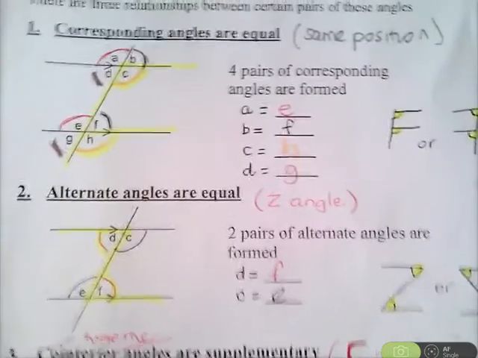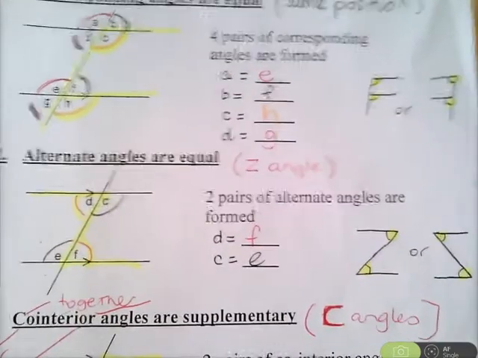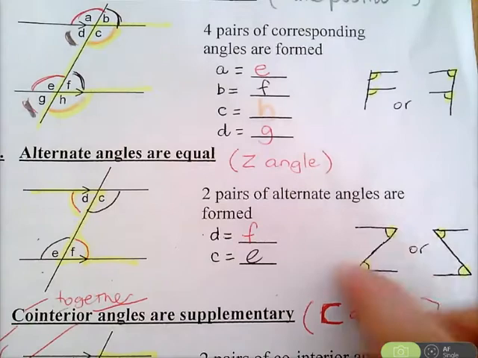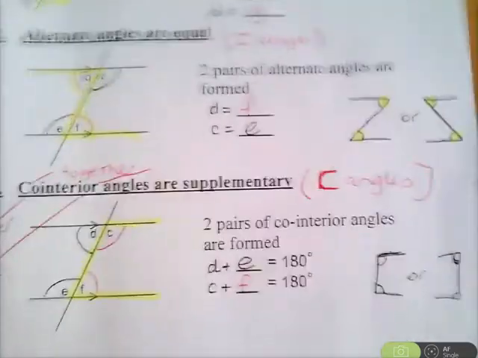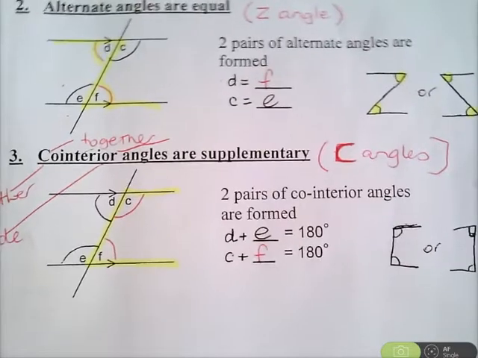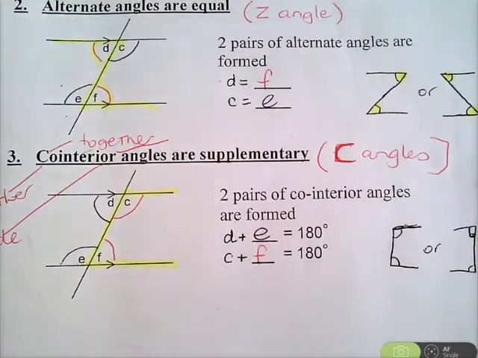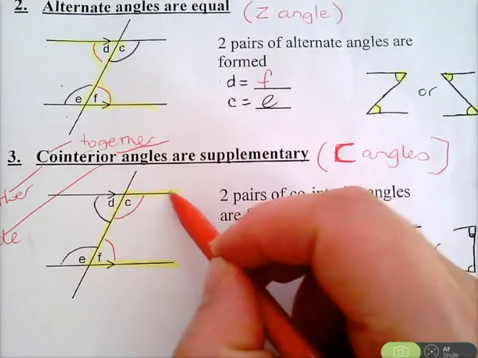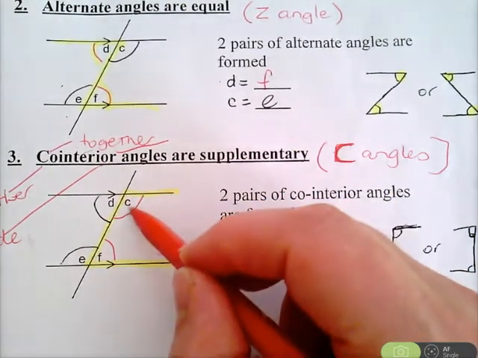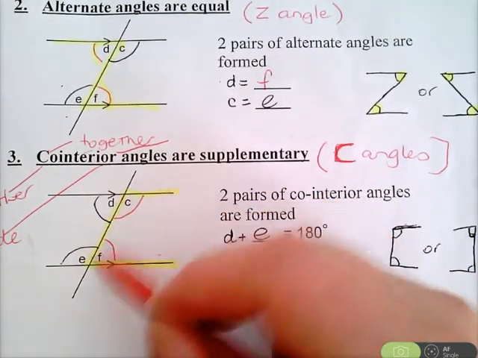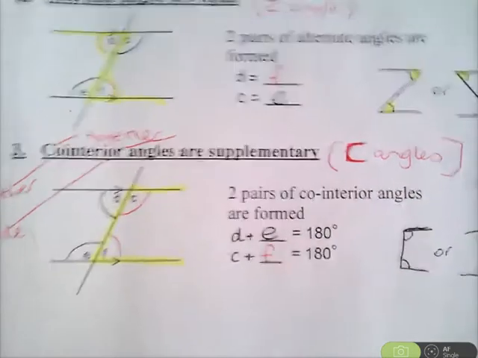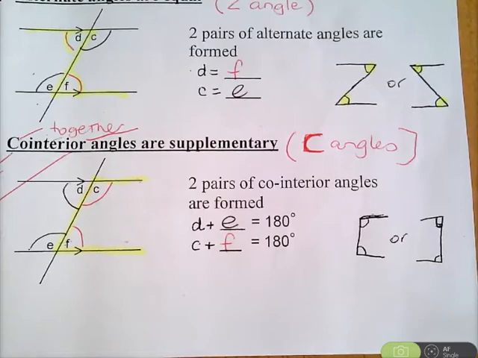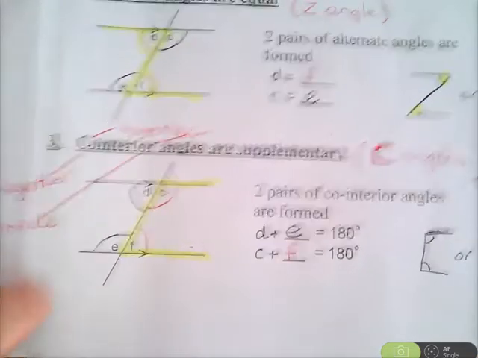We also looked at alternate angles, which were like those Z angles, where the corners of the Z were the same. And we looked at co-interior angles. Now they're not the same size because you can clearly see that C is the angles that form the C. The C and the F, one's obtuse and one's acute, so they're not the same size, but the two of them add up to 180, and they are C angles or co-interior angles.